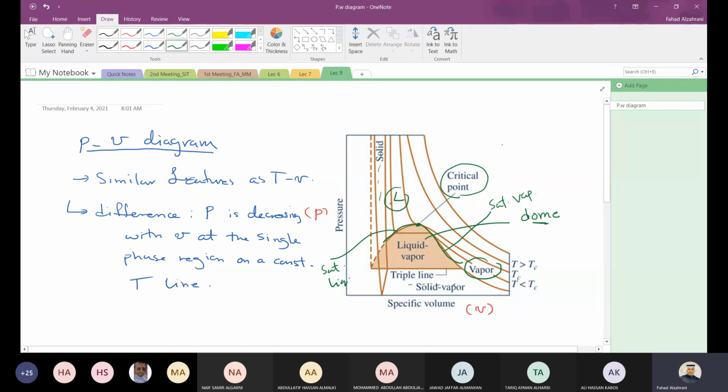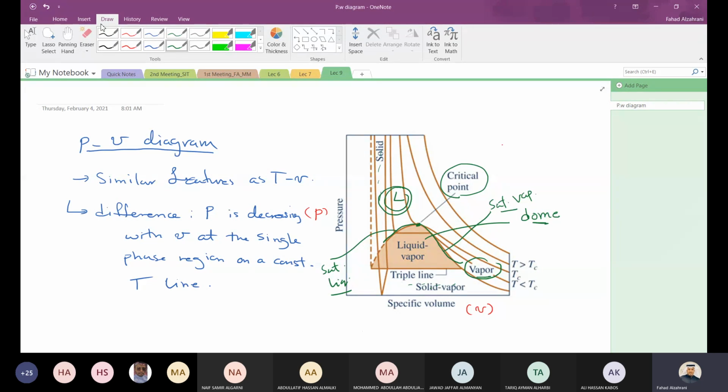So basically I have the same 5 states: liquid or subcooled or compressed liquid, then saturated liquid, liquid vapor saturated mixture, then saturated vapor, and then superheated vapor. So the same 5 different states, with similar features as the TV diagram.